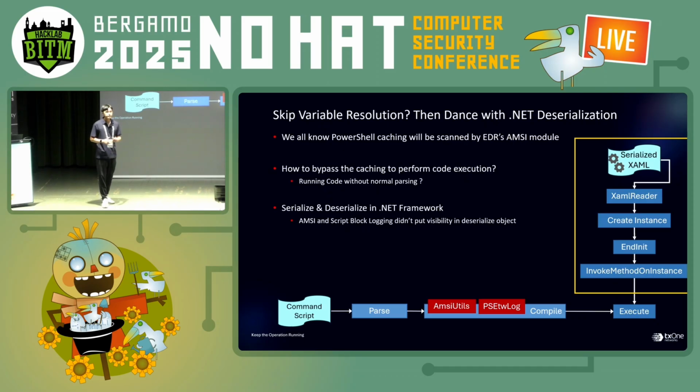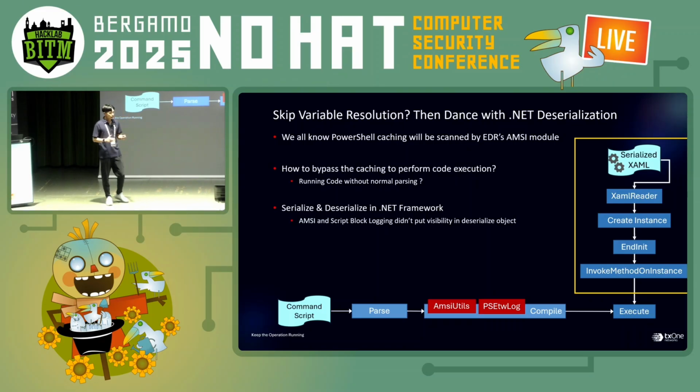Actually, in .NET there is a framework called .NET deserialization. In the .NET deserialization workflow, PowerShell will try to parse the serialized data and directly convert it into an in-memory object. As you can see on the right side, it's a deserialization workflow.